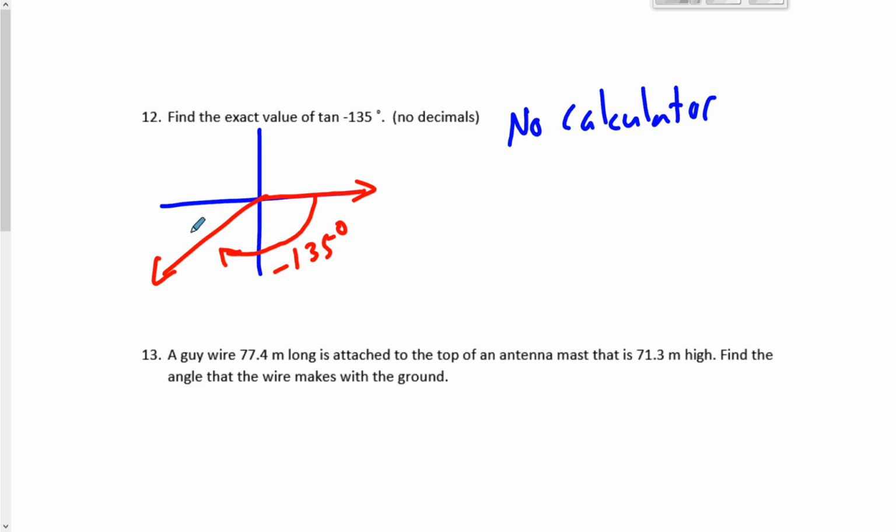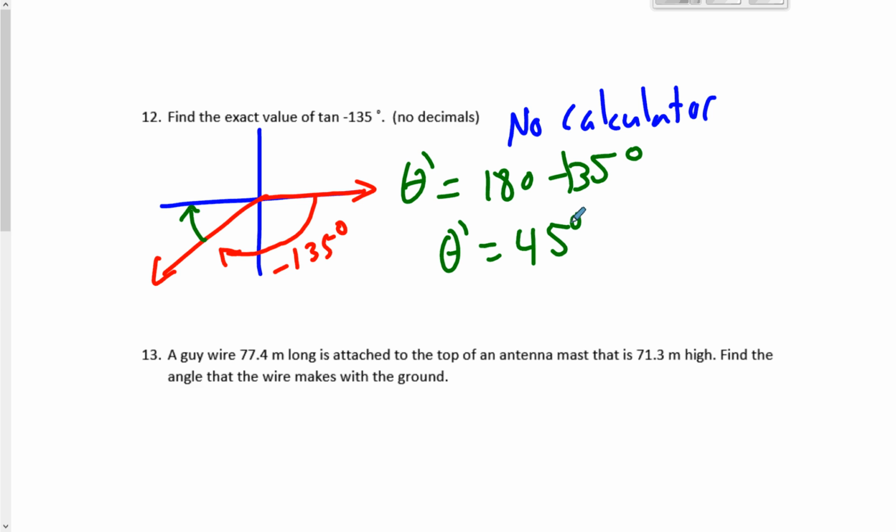So what would I need to take 135 and add to get to 180? That difference is our reference angle, right? So our reference angle would equal 180 minus 135, which equals 45.